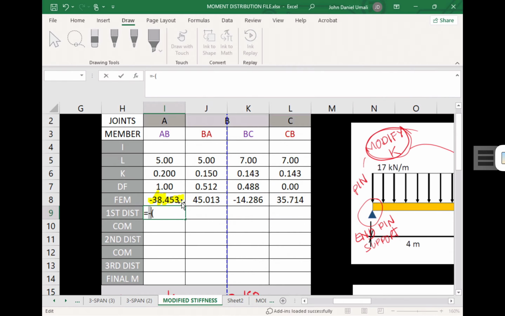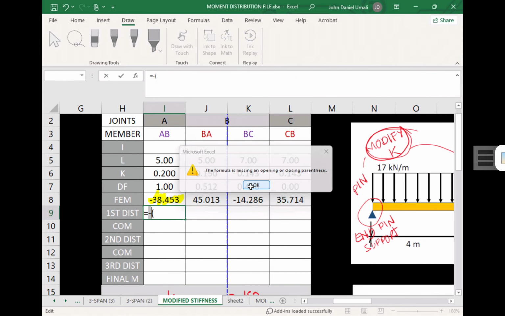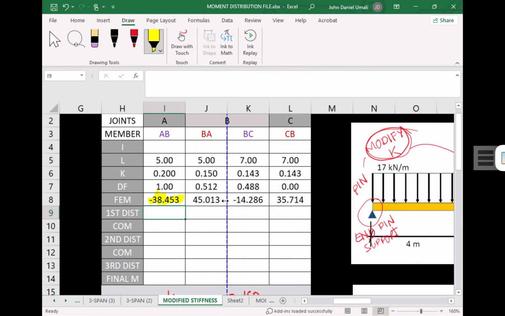Okay, burahin ko lang yung highlight. Let me erase the highlight. Equals negative times this one and times the distribution factor. Okay. So that is that one, 38.453.